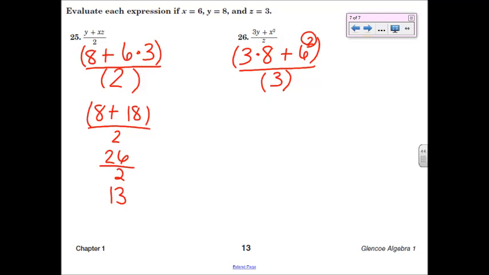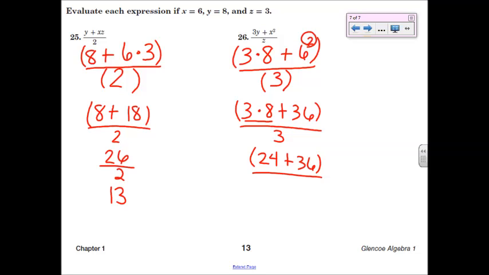So we're going to do 3 times 8, and 6 squared is 36. Still over 3. The next thing we're going to do is 3 times 8, multiplication. So 3 times 8 is 24, plus 36. And then the last thing inside those parentheses is 24 plus 36, which is 60, divided by 3. 60 divided by 3 is 20, excuse me.